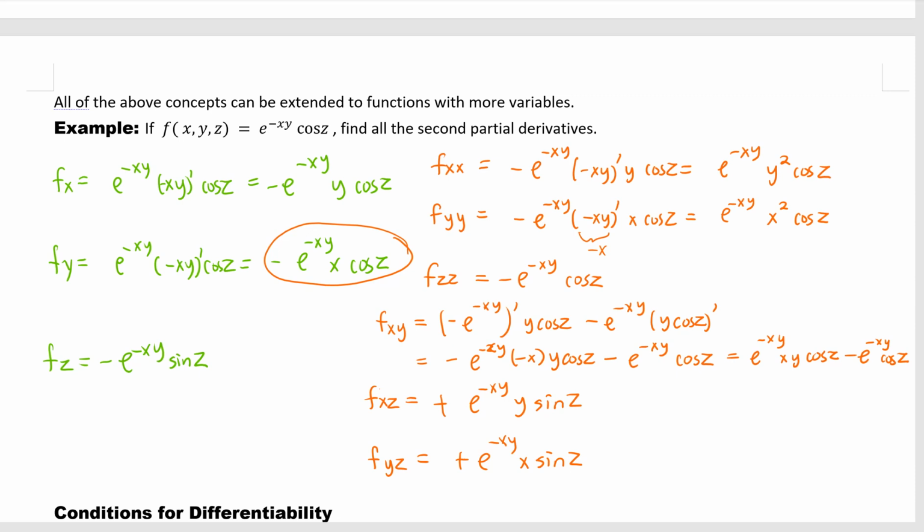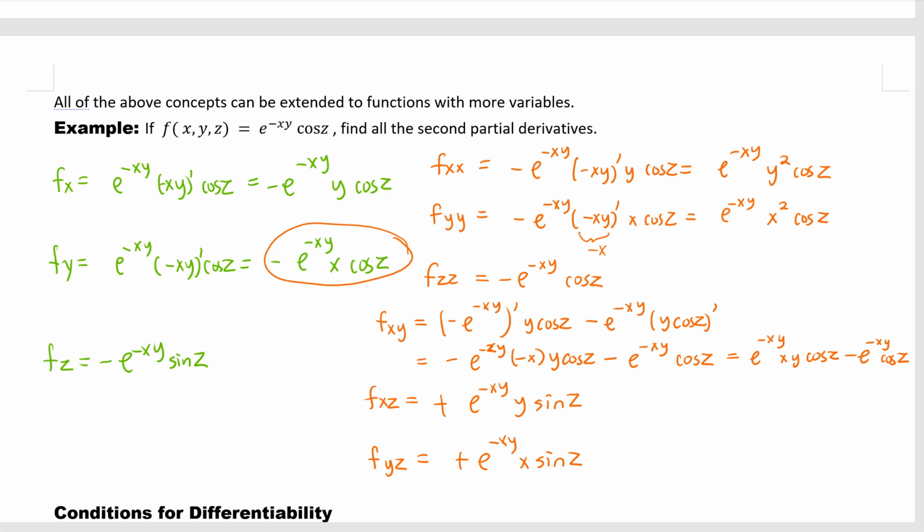Okay. So in general, if you see the function is continuous everywhere, then you can assume the mixed partials are equal. So you don't need to find fyx, fzx, and fzy. Okay? All right. Let me put it down here as well.